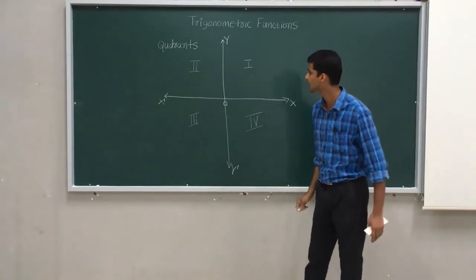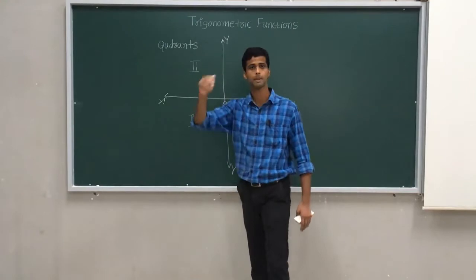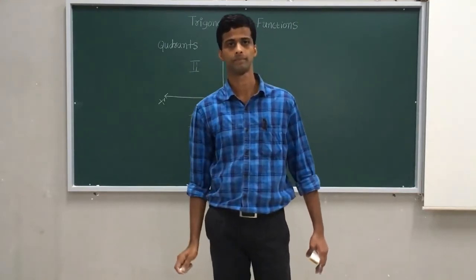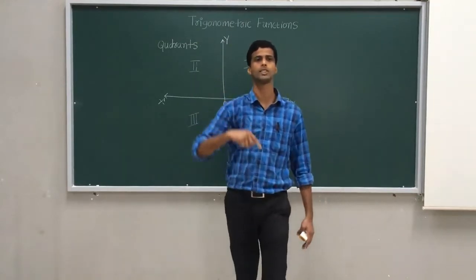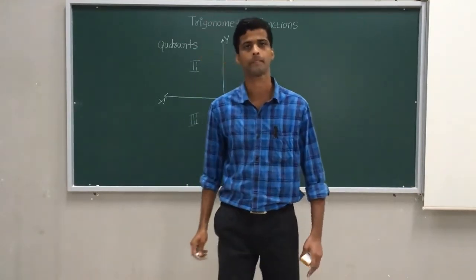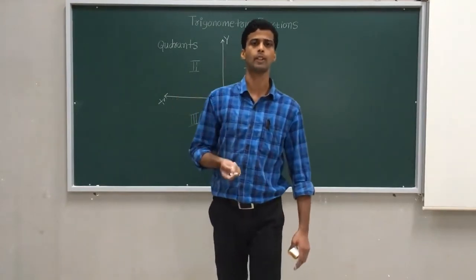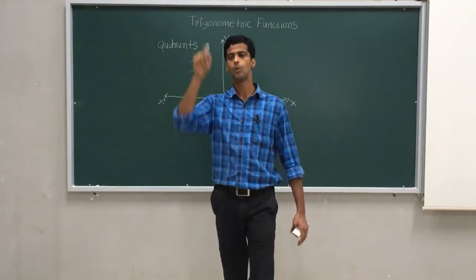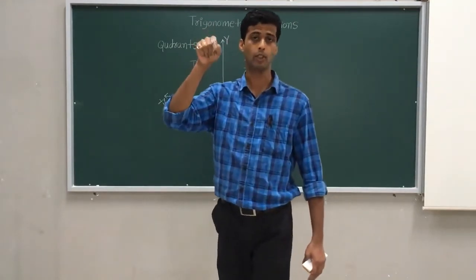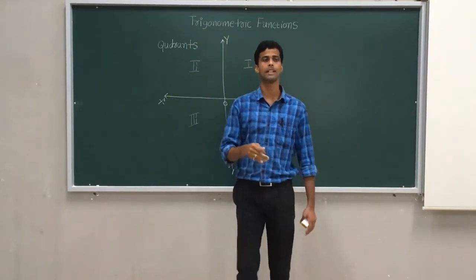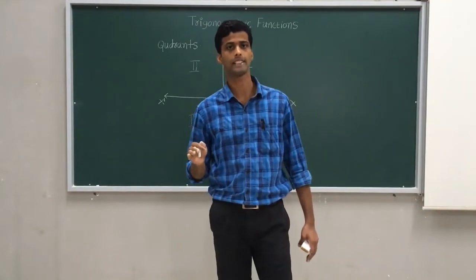You may ask the question, sir, why is it only first quadrant? Why not this one first? It is because of the tradition. We can't ask why a circle has 360 degrees of rotation. Trigonometry is a contribution of the Greek and Egyptian civilizations.